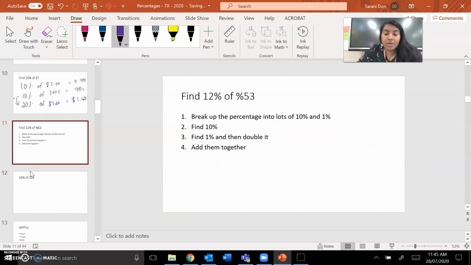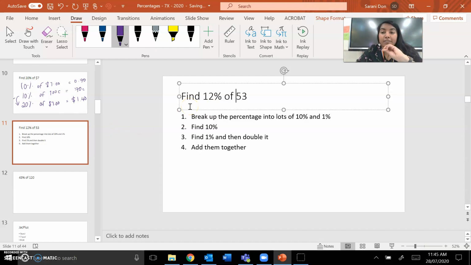All right. Now when questions get a bit more complicated, we can also use shortcuts as well. So in this case, instead of doubling and halving, how about if you get a question like this where it says finding 12% of 53?